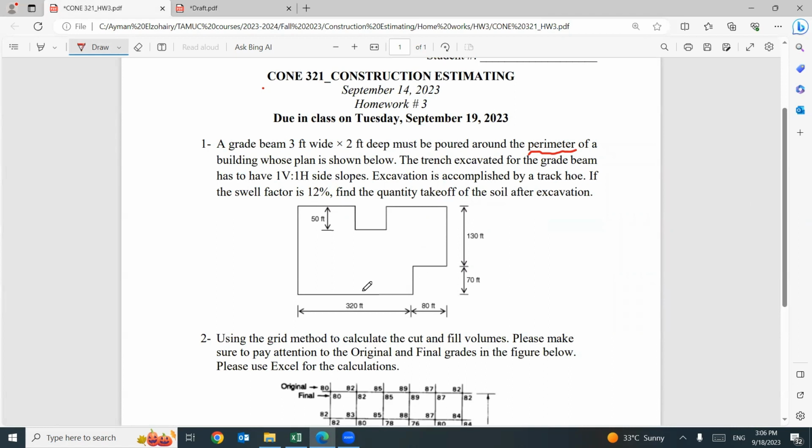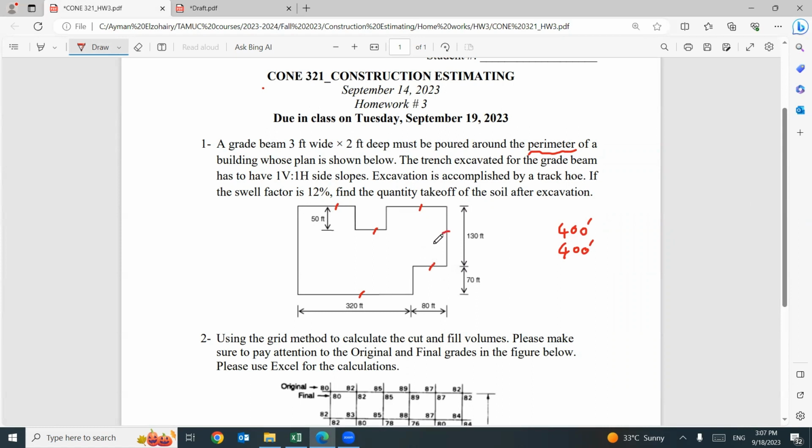By the way, this length plus this length equal 400 feet. Does that make sense? I think this length plus this length plus this length will also be 400 feet. That makes sense?